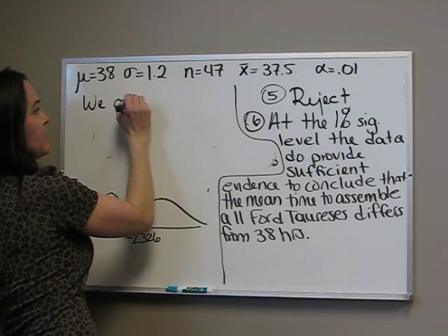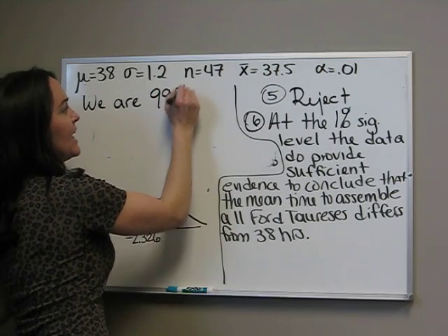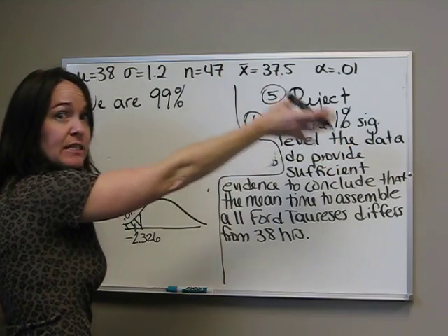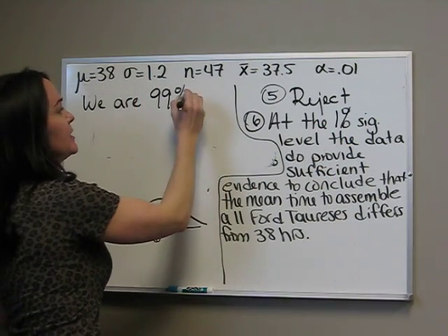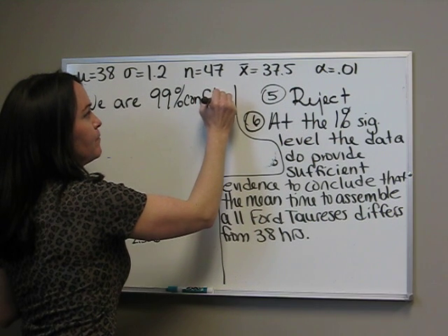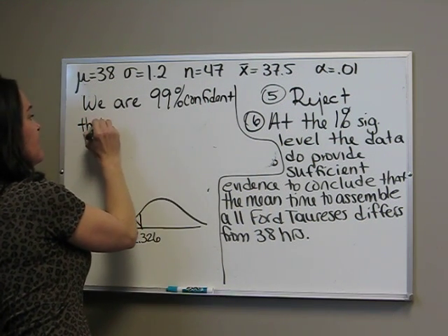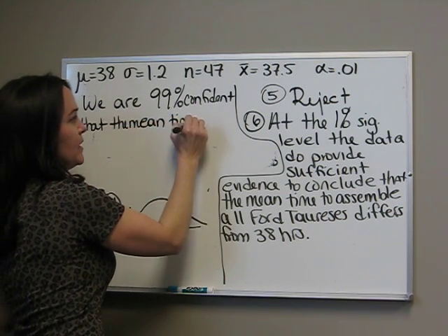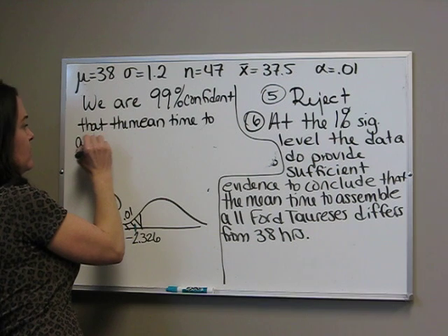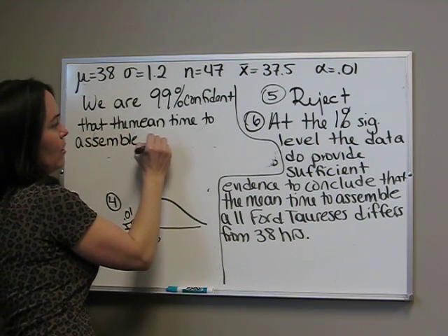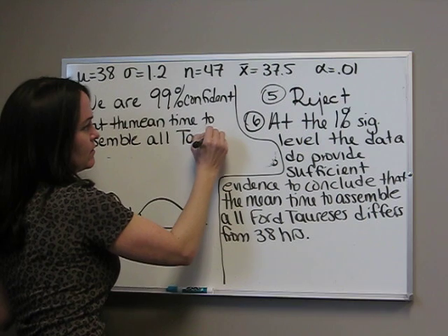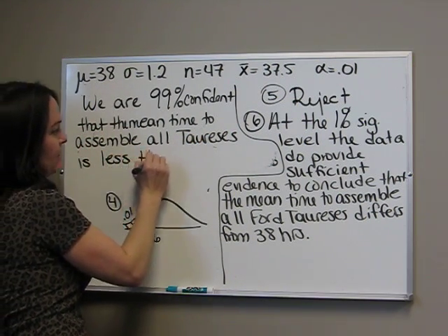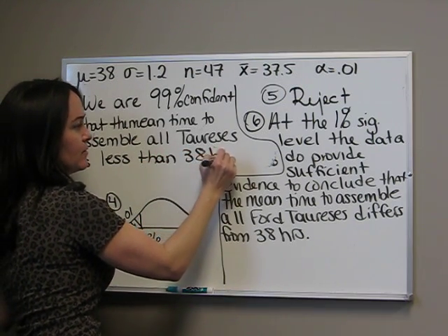So the second sentence says we are 99%. And it's 99% because we know we're at a 1% significance level, so that means we're 99% confident that the mean time to assemble all toruses is less than 38 hours.